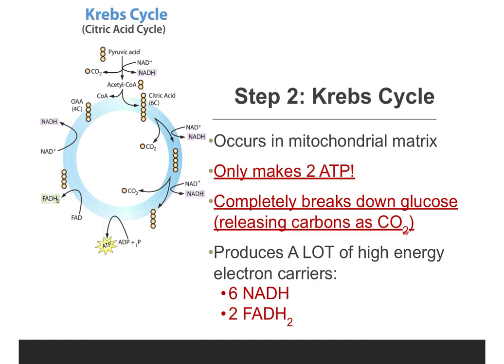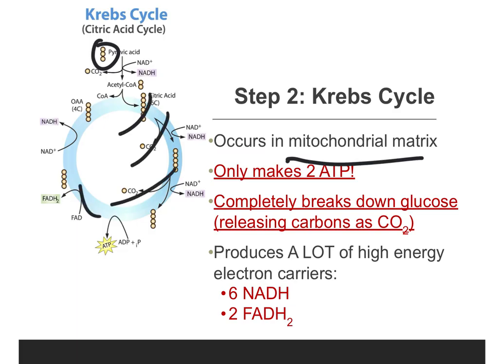So the first thing that happens, again, is we go from the cytoplasm into the mitochondria, in particular the membrane of the mitochondria. And as this goes on, the pyruvate from splitting glucose in glycolysis is essentially broken down piece by piece.